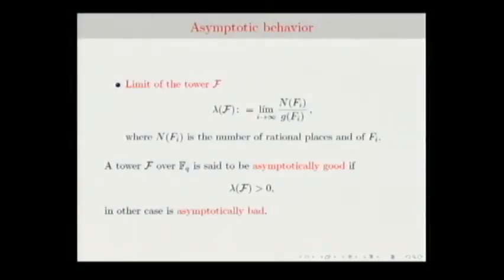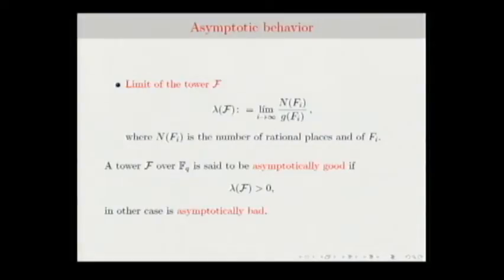In order to have this improvement for the parameters of the code, you must know the asymptotic behavior of the tower, and to study asymptotic behavior we study the limit of the tower, which is this limit where Ni is the number of rational places of every field in the sequence, and g is the genus.